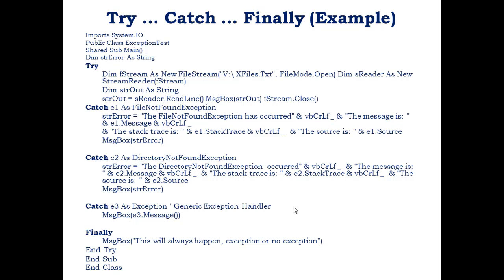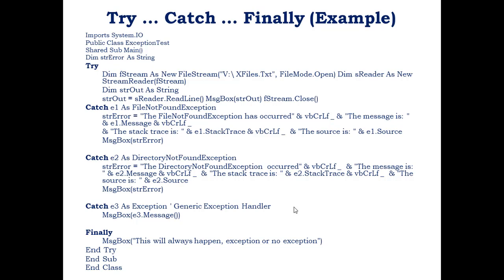Here we import the namespace System.IO, public class exception test, shared sub main, dim string error. Then we allocate a stream reader, and the file stream is closed in the catch. There are three catches explained here.